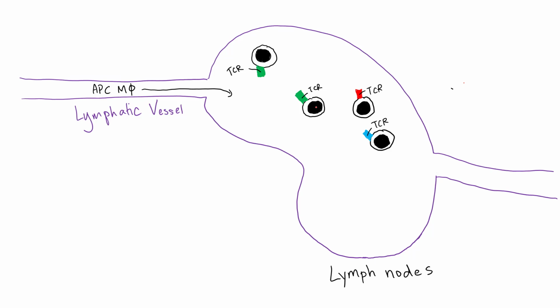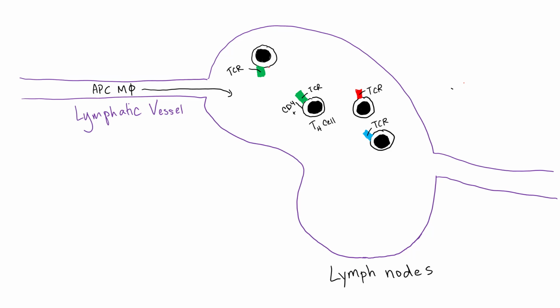And recall, the way we can tell the difference is we look at the co-receptor. So the co-receptor of this specific TCR is CD4. So we refer to it as CD4 positive. Do you remember what type of T cell that is? That's right, it's a helper T cell. So we write that as a TH cell.